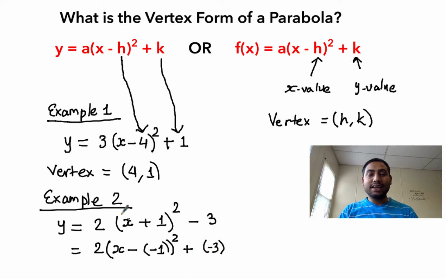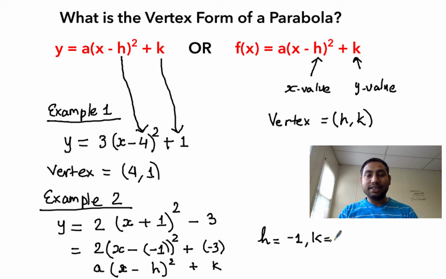If you write it this way, then this looks exactly like a times (x minus h) squared plus k, from which you can see that the h value is negative 1 and the k value is negative 3. So the vertex is negative 1 comma negative 3.